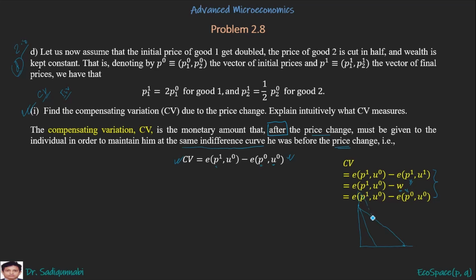So this could be the original utility U0, and this could be the new utility U1. So this budget line is E(P1, U1).